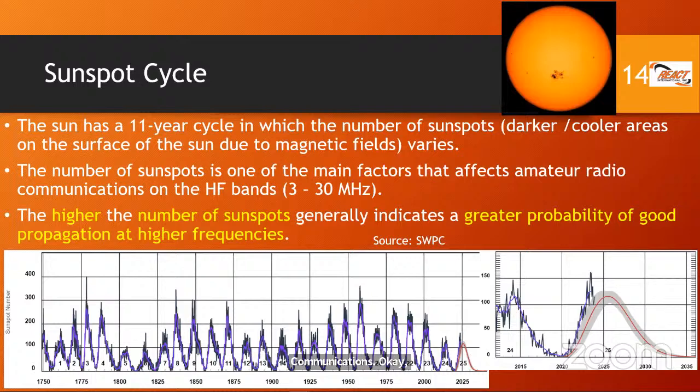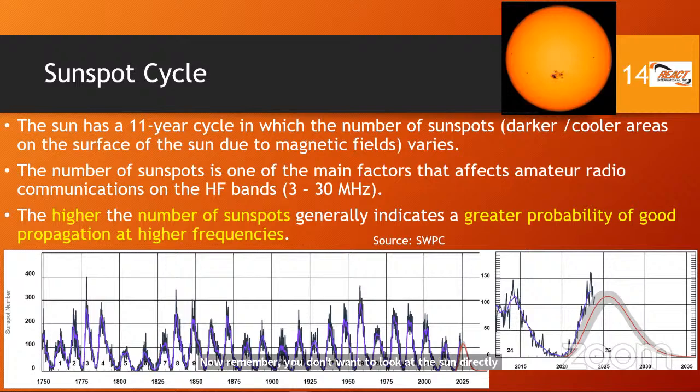Okay, we're now going to talk about the sunspot cycle. All of us should be quite familiar with what the sun is, but did we know that the sun has spots? Here's a picture of the sun. Now remember, you don't want to look at the sun directly, and certainly you don't want to use any optics to look at it.